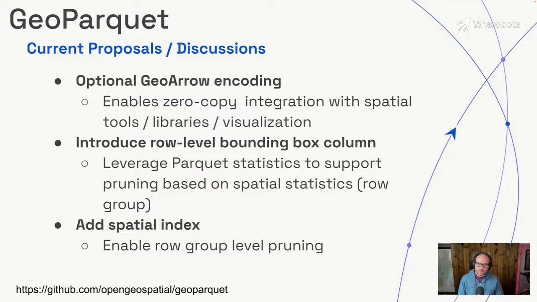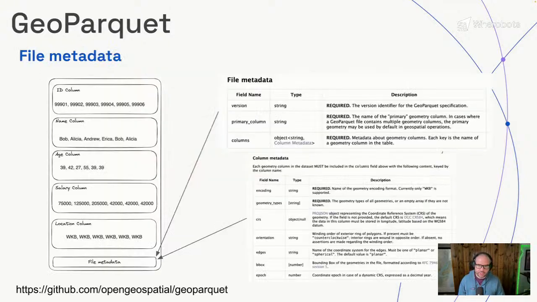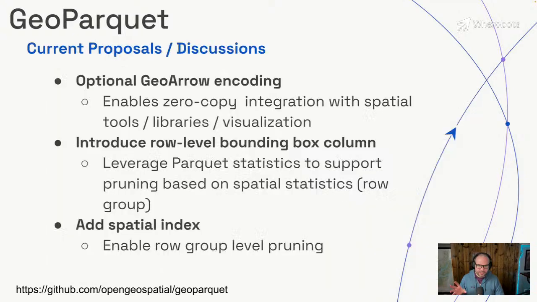There's also some discussion on how to add row group level pruning. So we said that we can leverage the bounding box that's stored at the file metadata level so that GeoParquet readers are able to prune, if we have partitioned Parquet files, across multiple files at the file level.